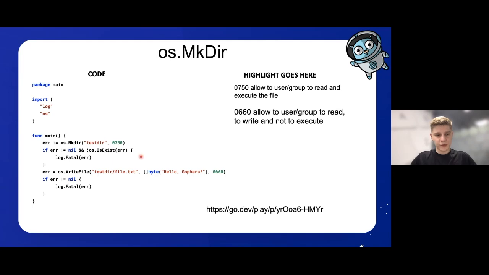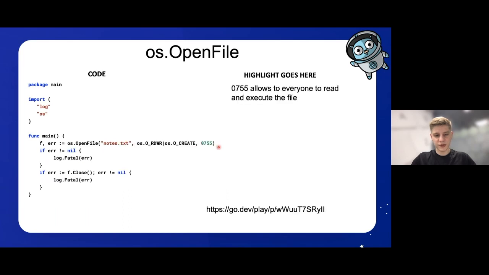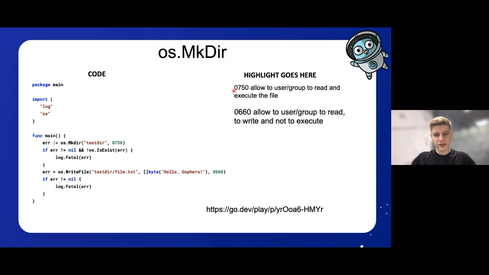All right, let's move on. The next is Mkdir, which allows us to create a directory, as I mentioned. So, for instance, we want to create this directory, and we set the following permissions. As you can see, they look a bit different because it means that it allows a user or some group of users to execute the file.